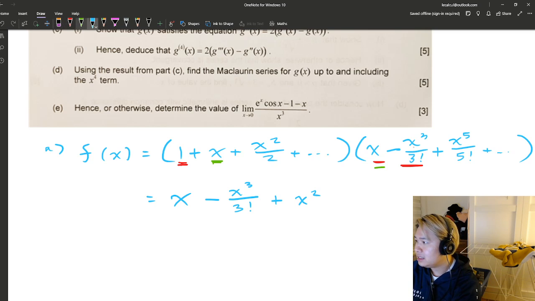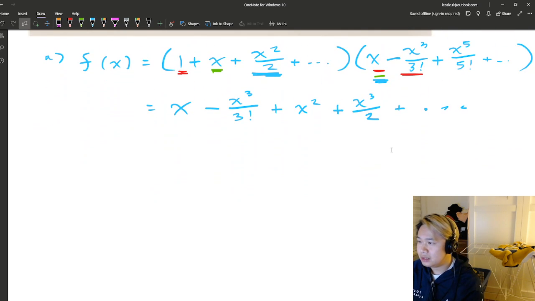And then lastly, x squared over 2 times x will make x cubed over 2. And then I don't know if they want you to include the dot dot dot, but I'll just include it anyways.